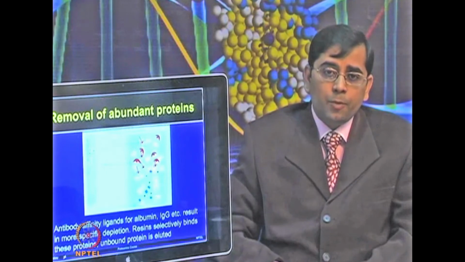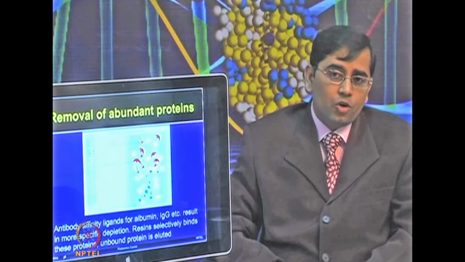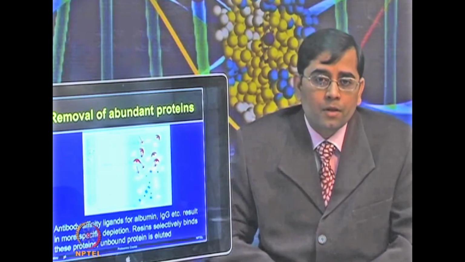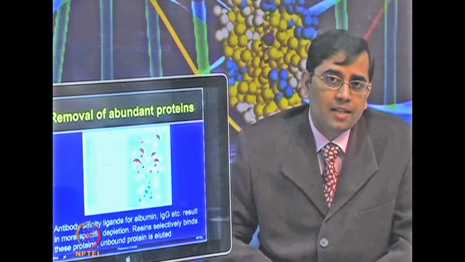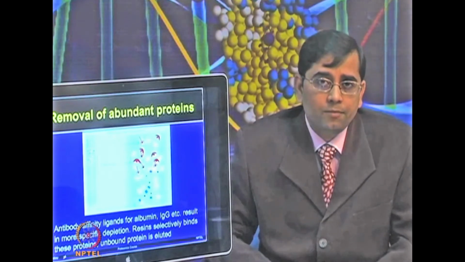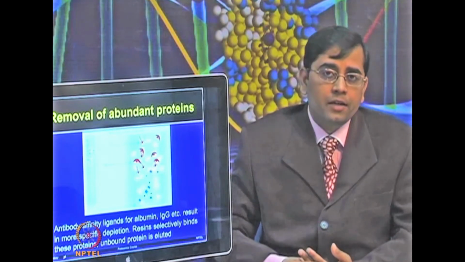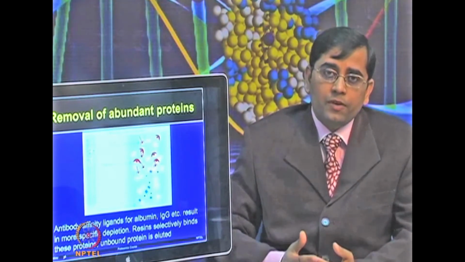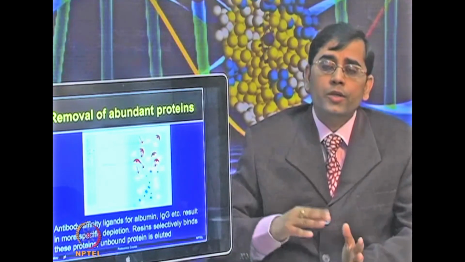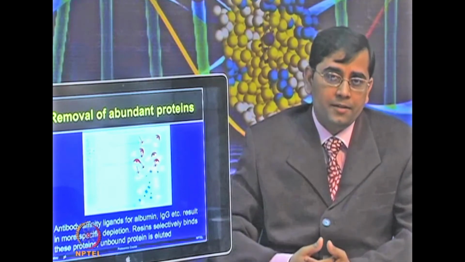There are different ways people have tried to remove these abundant proteins; molecular weight cutoff and different types of chromatography methods have been used. The affinity chromatography based methods are highly efficient for a specific removal of these abundant proteins present in the serum, because there is always that fear with the molecular weight cutoffs, whether along with albumin and other high molecular weight proteins, you will also get rid of various high molecular weight proteins which are non-abundant.